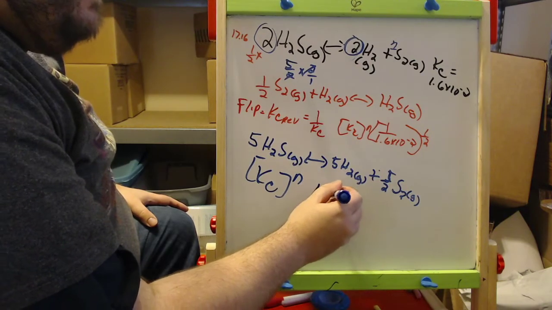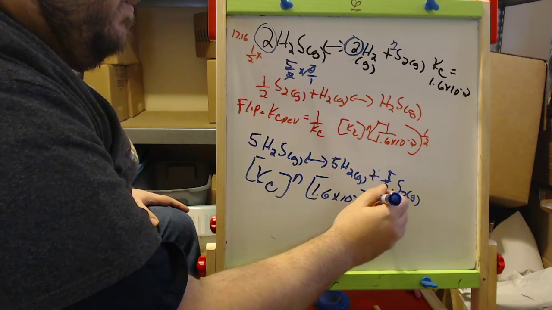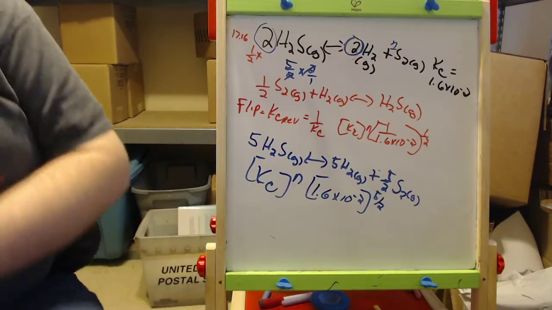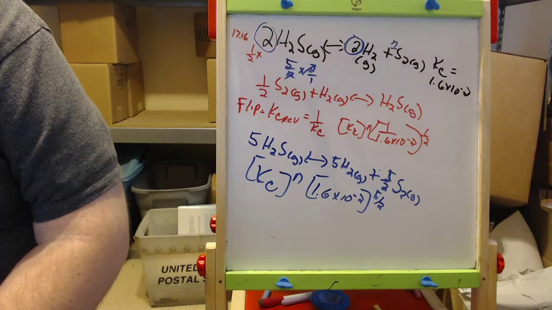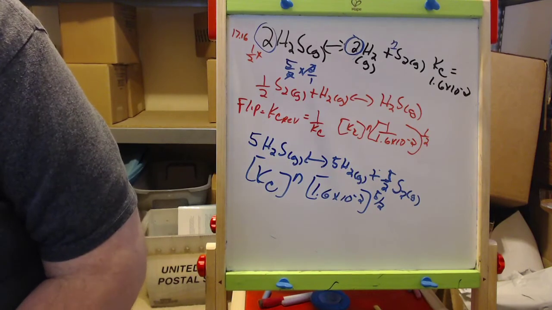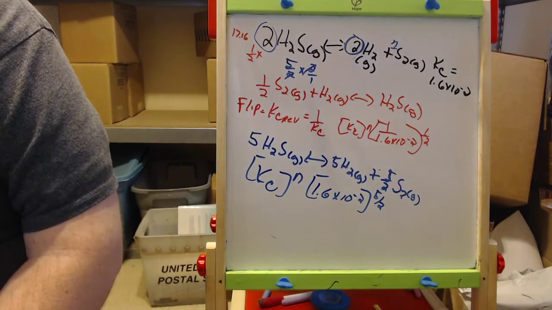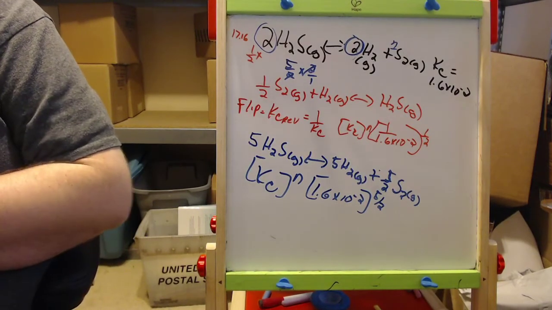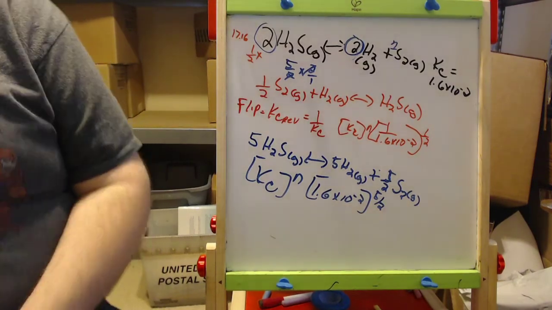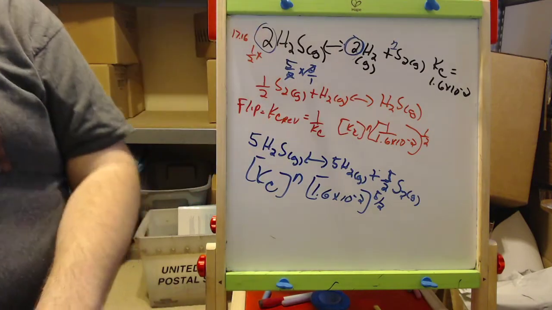So it's 1.6 times 10 to the negative second raised to the 5 halves power, or raised to the 2.5. Yep, they just try to trick you to make it look funny. But when in doubt, you have an odd number with an even number. Put the even number on the bottom, the odd number on top, and it'll work out.